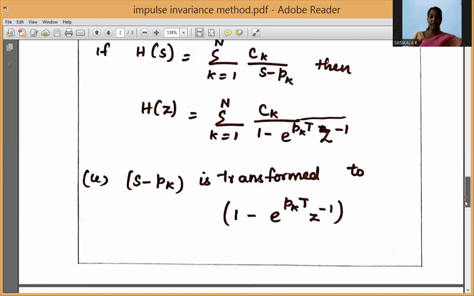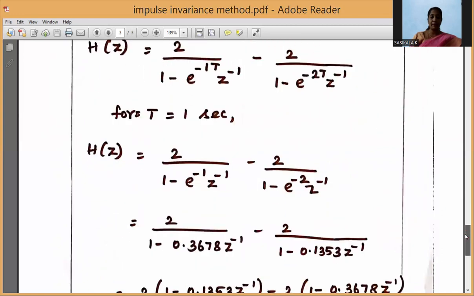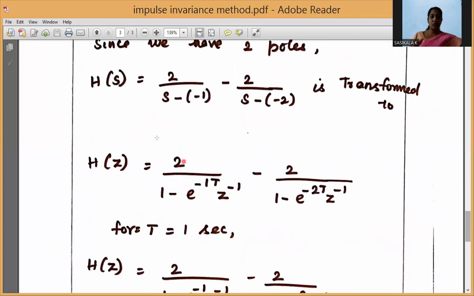Now we need to convert it into H(z). So s minus p_k: this is s minus p1 and this is s minus p2. So it is transformed to H(z) equal to 2 divided by (1 minus e power minus 1 T z power minus 1), minus 2 divided by (1 minus e power minus 2 T z inverse).